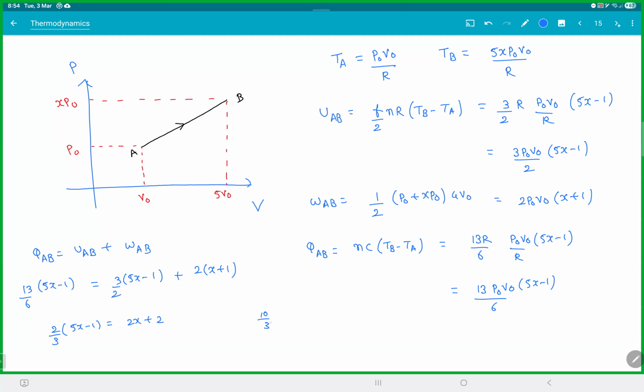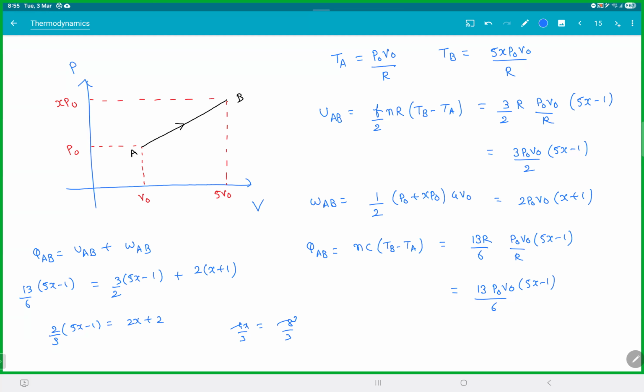Then bring it this side again here. 10x by 3 minus 2x, that will be 4x by 3, is equal to 2 plus 2 by 3, that is 8 by 3.